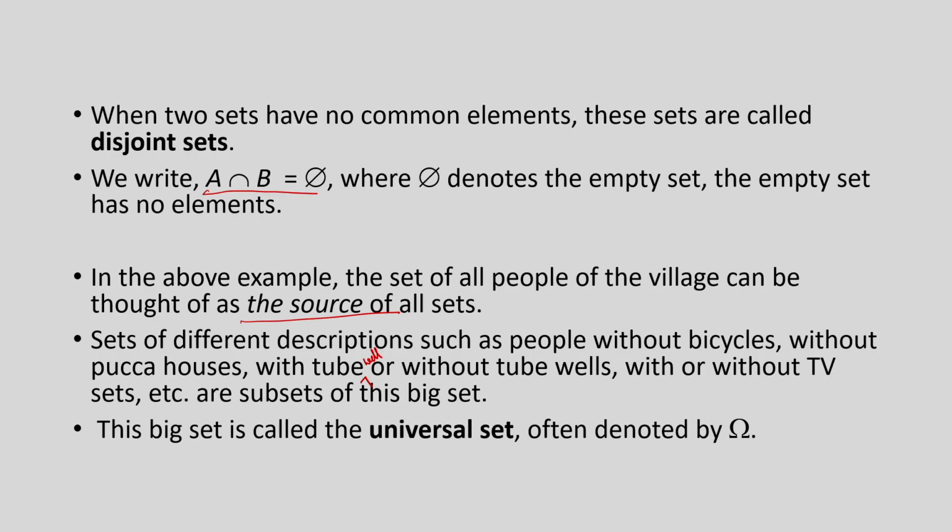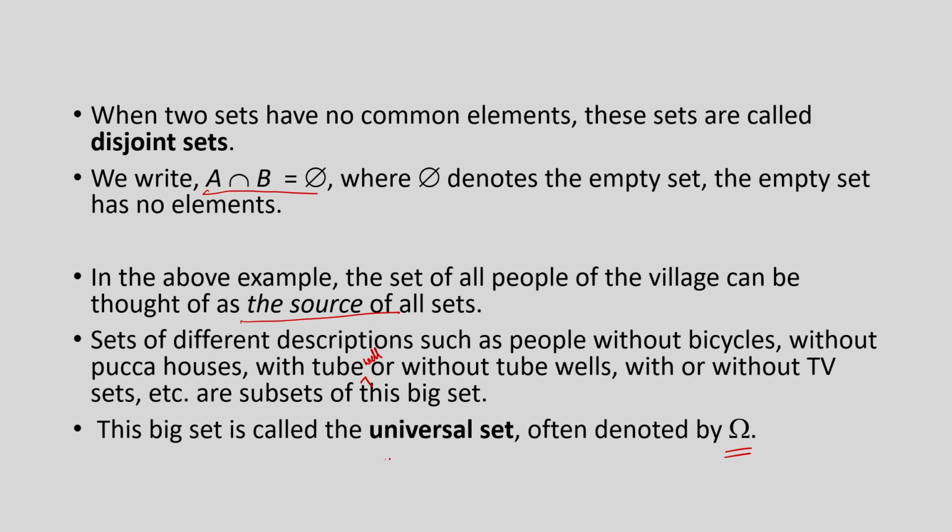For example, people who are literate in this village, for example, people who belong to a particular caste in this village. So, those will be different sets that one can think of. This big set is called the universal set, often denoted by this sign. This is called the gamma sign, the capital gamma sign in the Greek alphabet.